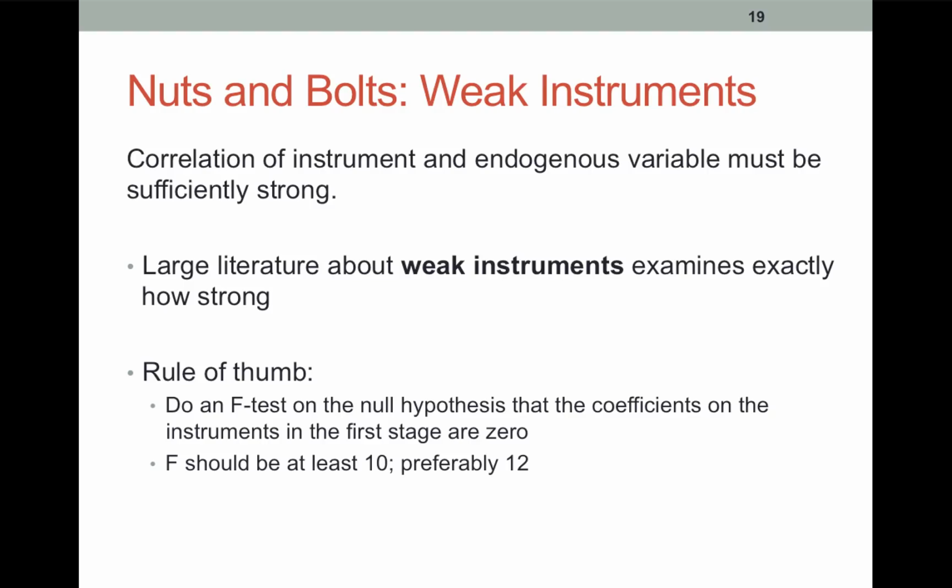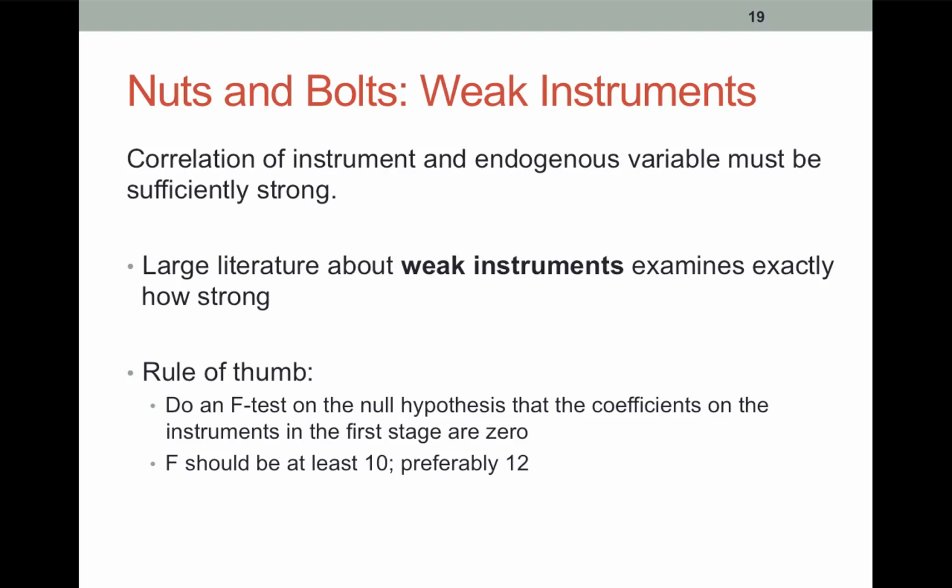The F statistic for this test should be at least 10 and preferably 12 for the instrument to be strong enough to use. Now in 1995, Bound, Jaeger, and Baker published a paper that showed that quarter of birth, if you do these F tests, you get values of 2.4 and 1.87, depending on which specific model you use, and those are obviously a lot lower than 10 or 12.